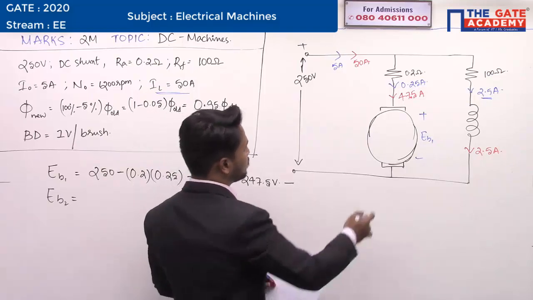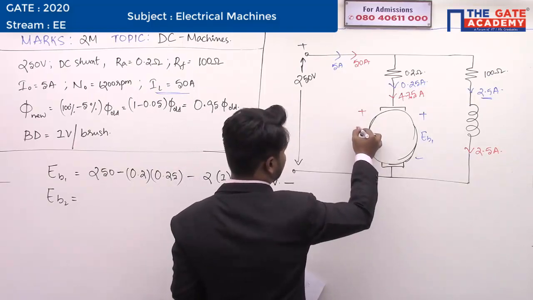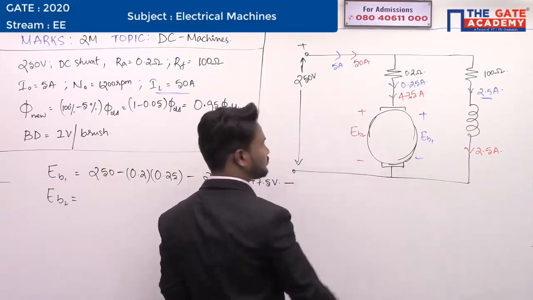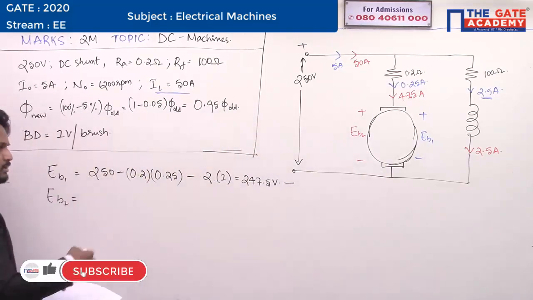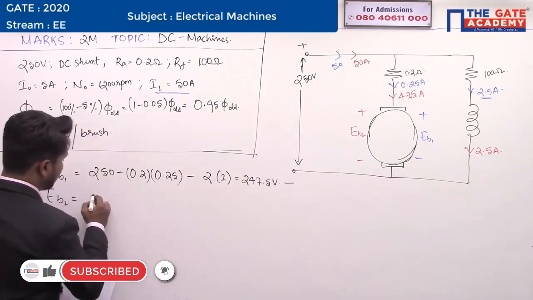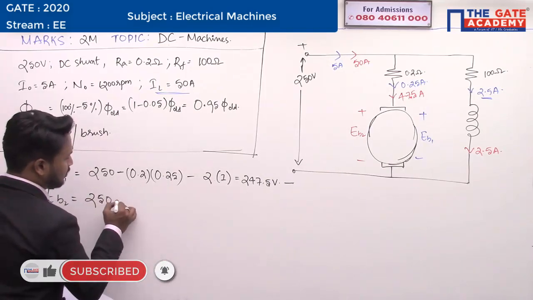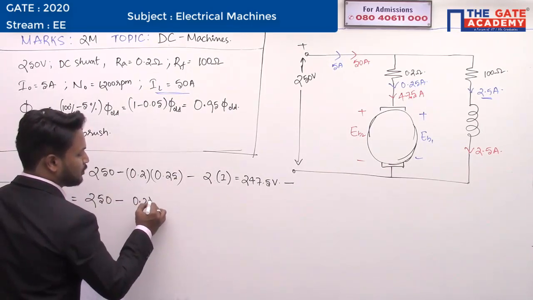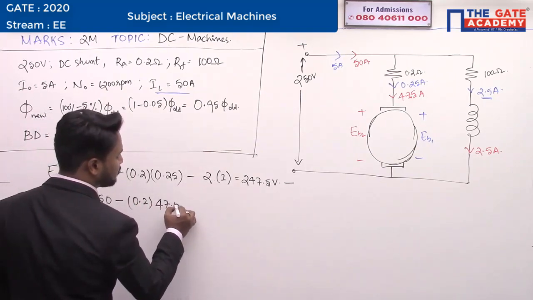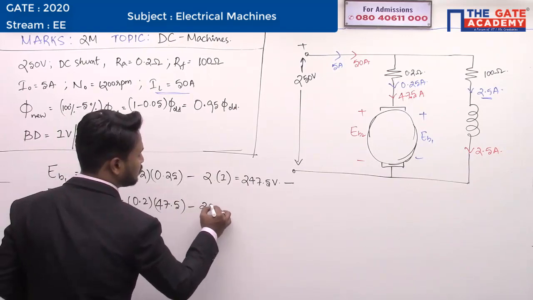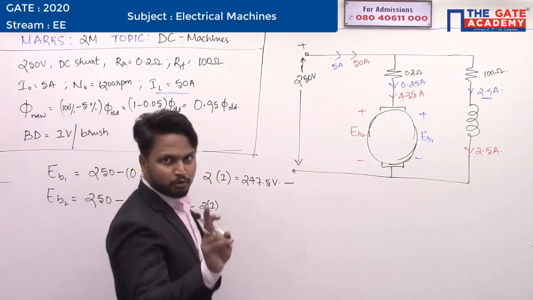47.5 amperes is the current through this armature circuit under loaded condition. Right? Now you have to find out another induced EMF, that is EB2. To find out EB2, you have to use the similar relation only. EB2 is 250 minus 0.2 armature resistance multiplied by the armature current 47.5, minus 2 into, see, we have two brushes.